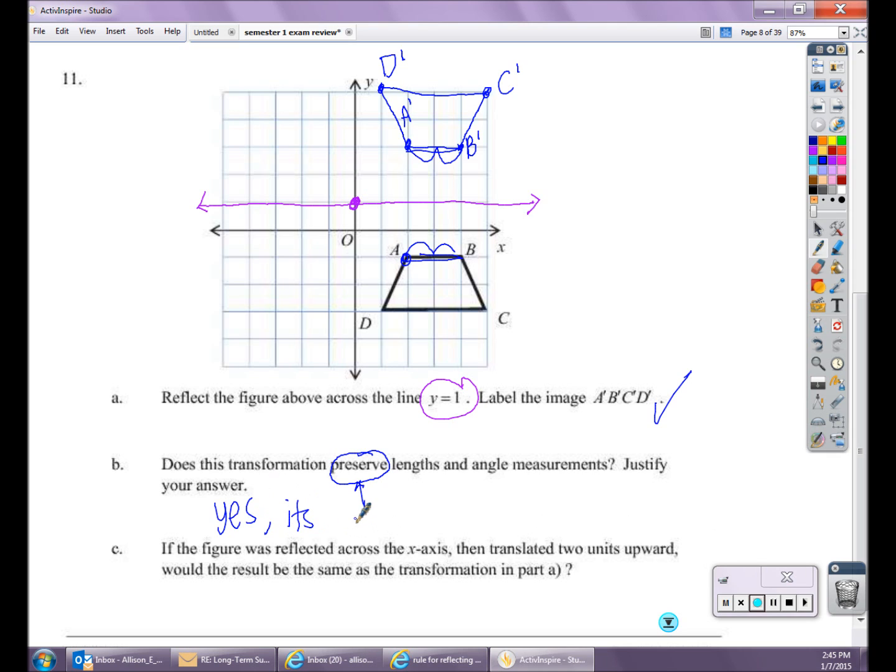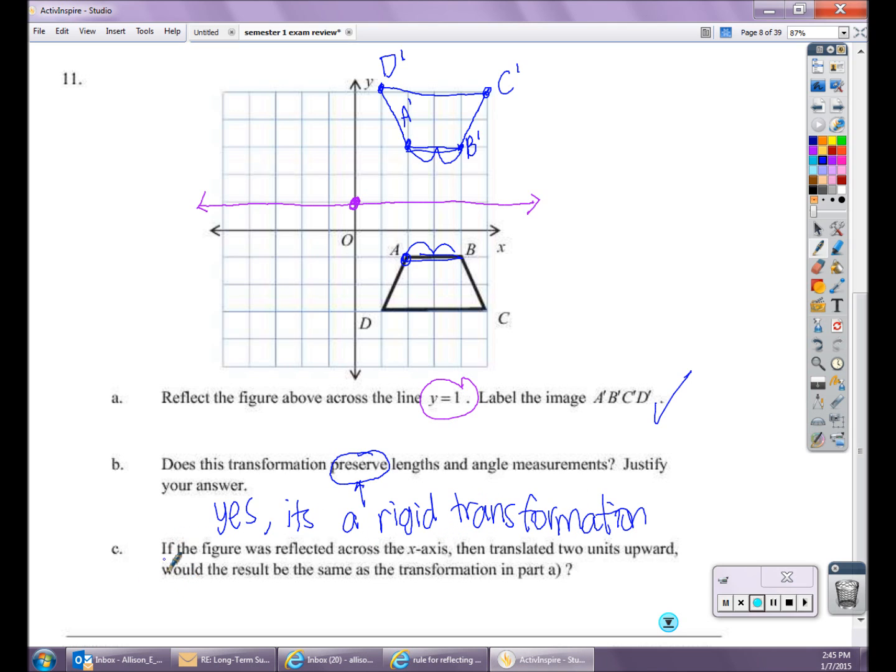It's a rigid transformation, meaning the size and shape stays the same. Reflections are rigid transformations. So remember, the 3 rigid transformations are reflection, translation, and rotation.